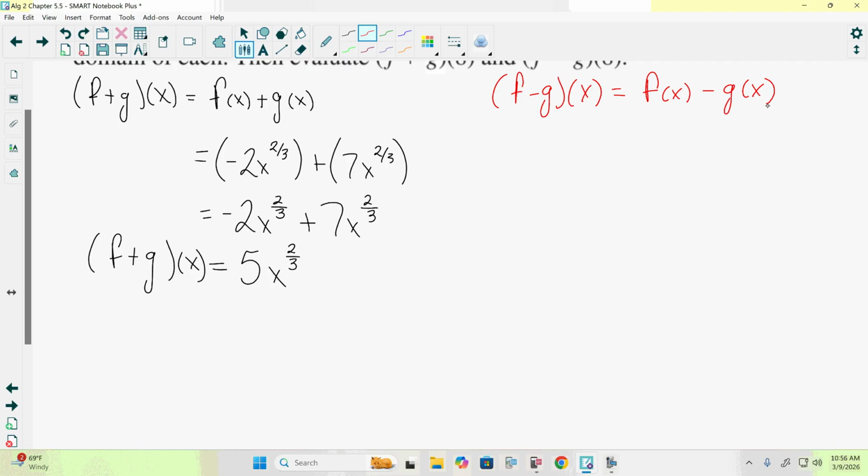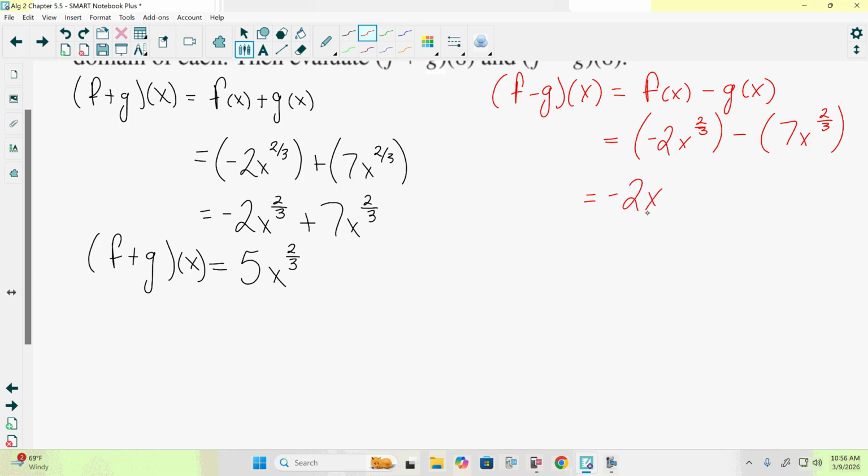Our f minus g of x, which is just another way to say f of x minus g of x. And we'll do the same thing, negative 2x to the 2/3 minus 7x to the 2/3. Now at this point here, we can drop the parentheses.